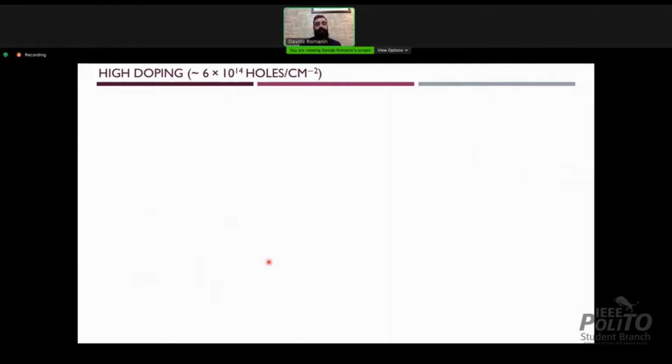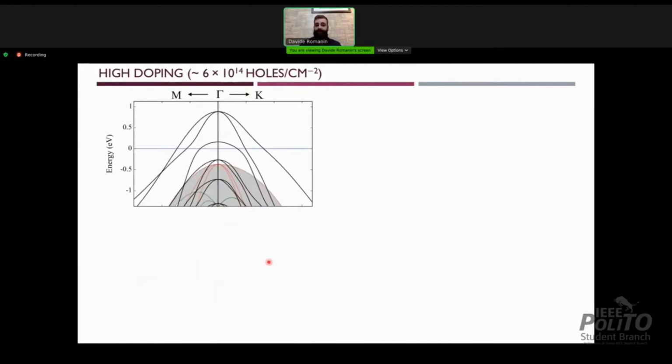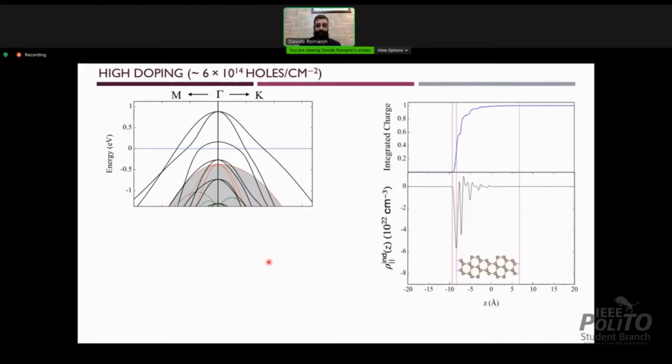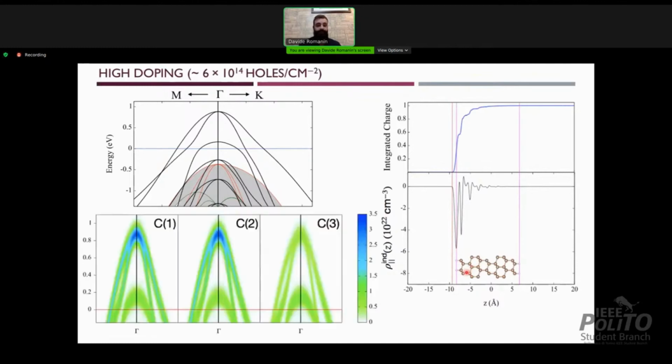Finally, at high dopings, the system again is completely surface-like. The charge fluctuations are strongly localized around the first two carbon layers, and indeed the highest contribution at the Fermi level comes from the first and the second, while the third is just 1/2 with respect to the other two.